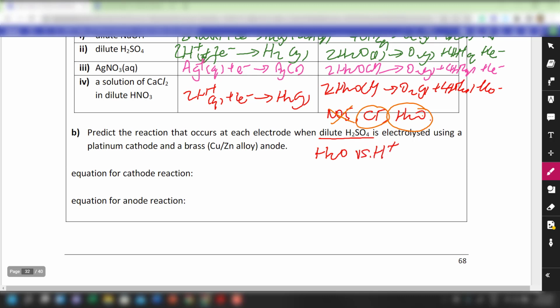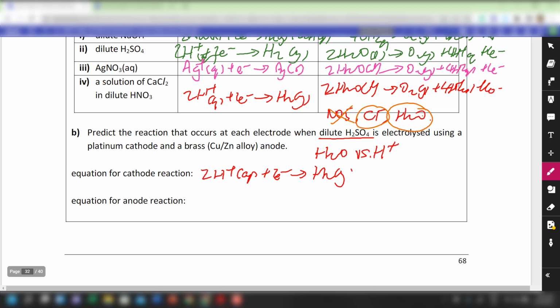Earlier on, we have already seen that the reduction potential for H+ to H2 is more positive than that for H2O to H2. Therefore at the cathode, I expect 2H+ to be reduced to give us hydrogen gas.